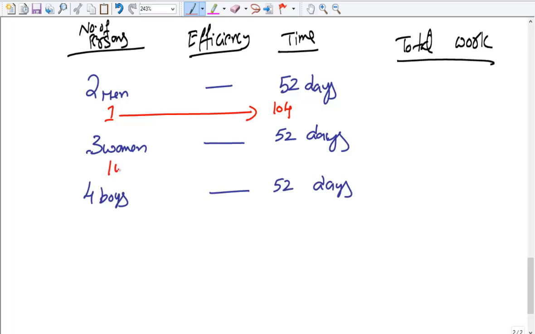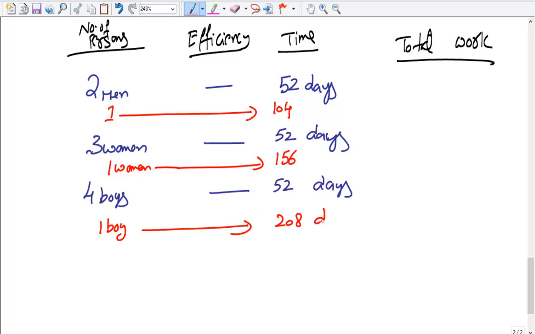There's only 1 woman and she will obviously take 156 days. If there's only 1 boy, then the boy is going to take exactly 208 days. Now we can do it. The LCM of 104, 156 and 208 we can find quite easily.